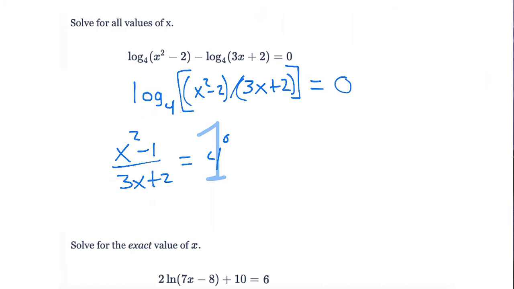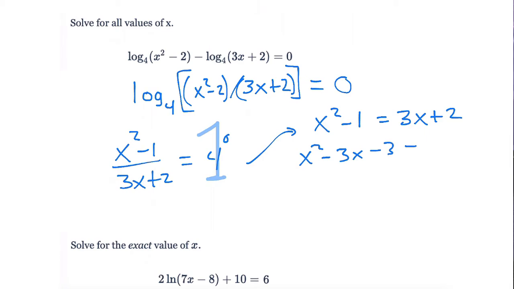And then we could take this equation and say that means x squared minus 1 has to equal 3x plus 2. And solving this, x squared minus 3x minus 3 equals 0. If we factor this, not sure how that's going to factor. Oh, I wrote something wrong on there.